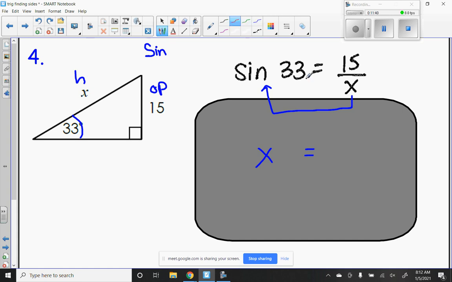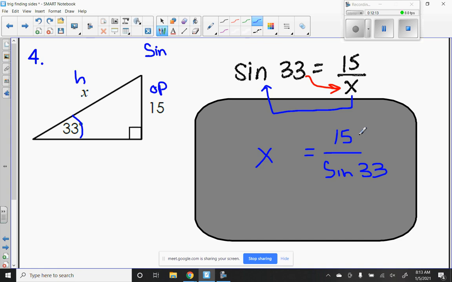Then put sine 33 underneath the fraction. It's a little shortcut. The 15 on top of the fraction bar does not change. So this is what our equation will look like. And this makes our process a lot easier and shorter.